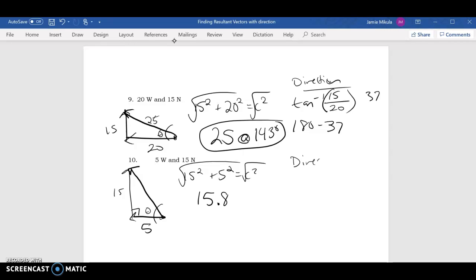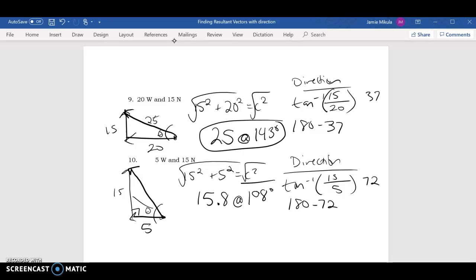And then the direction, you'll do tan negative 1, opposite is 15 over adjacent is 5. So tan negative 1, 15 divided by 5 is 71.5. So I'll say 72. However, I need to do 180 minus 72 to get my final answer of 108. So it's going to be 15.8 at 108 degrees. And there you go.